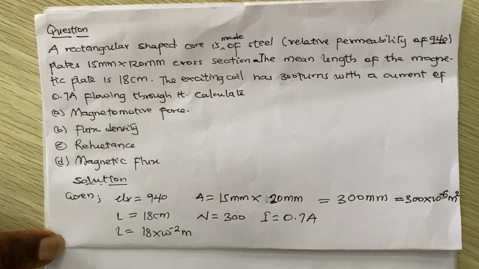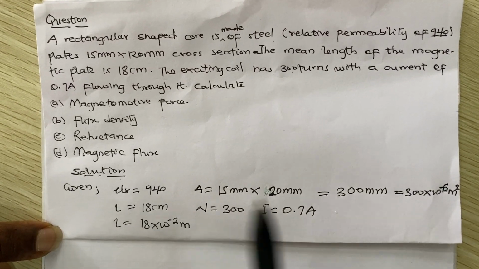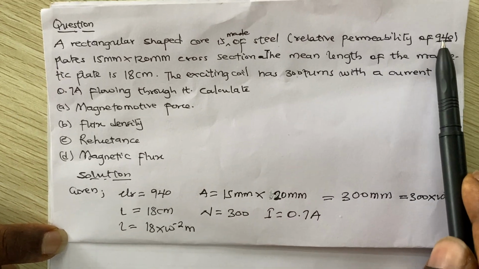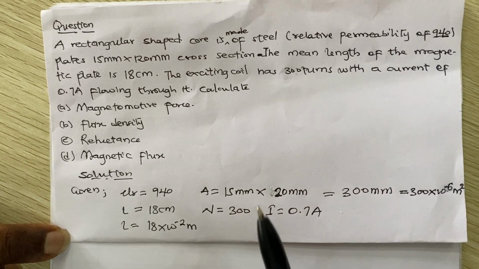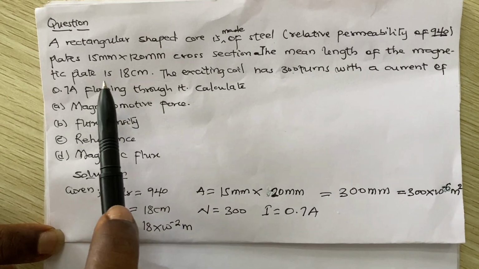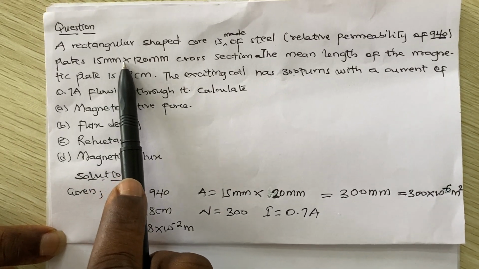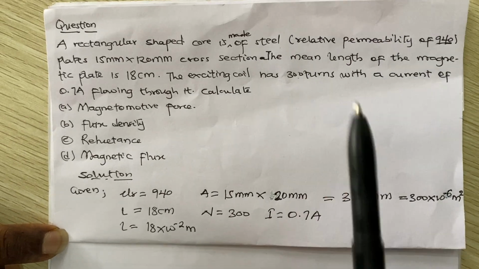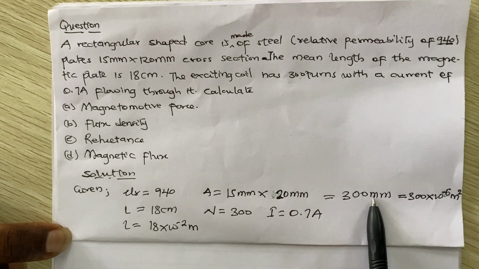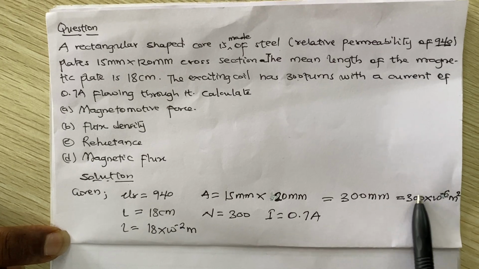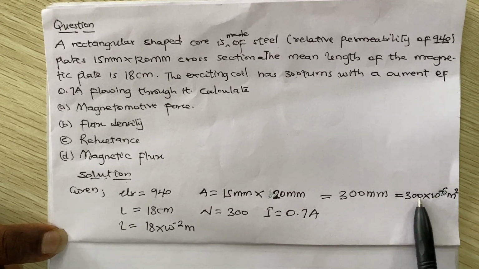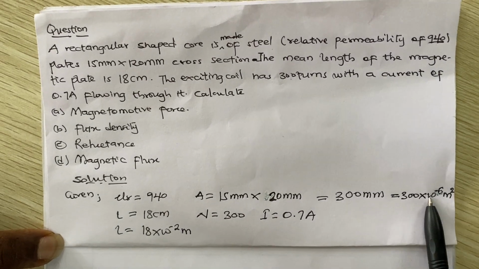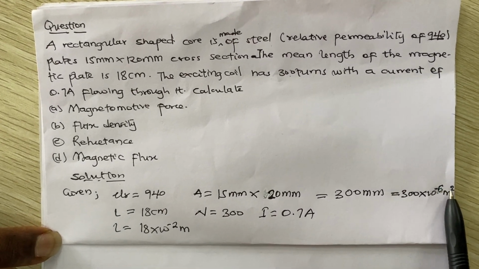So in the question we are given the relative permeability of the plate, which was 940, then the cross-sectional area, 15 millimeters by 120 millimeters, which would give us 300 millimeters squared, and we can convert this to its equivalent, which is 10 power minus 6 meters squared.